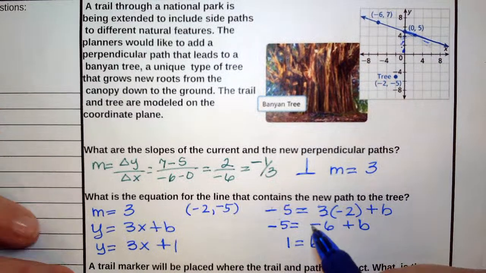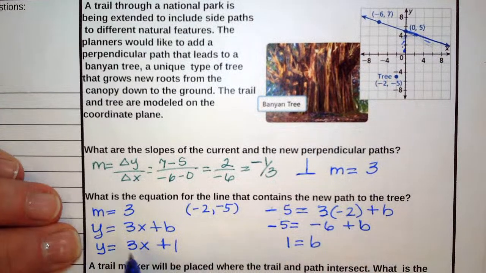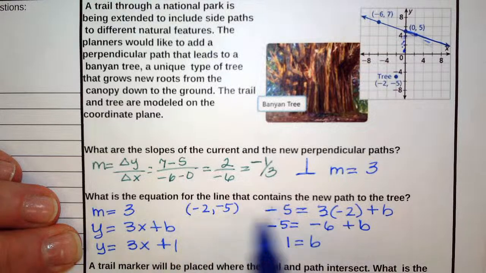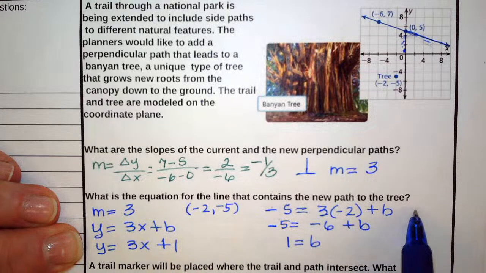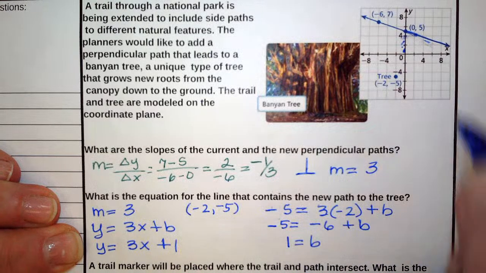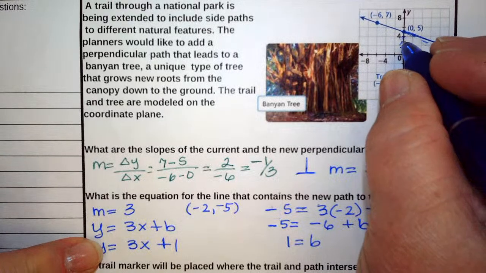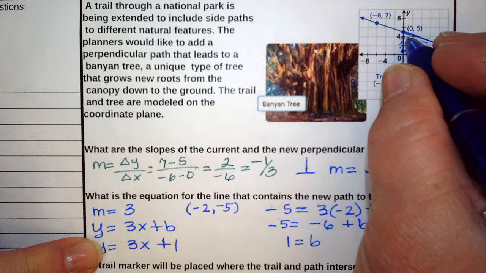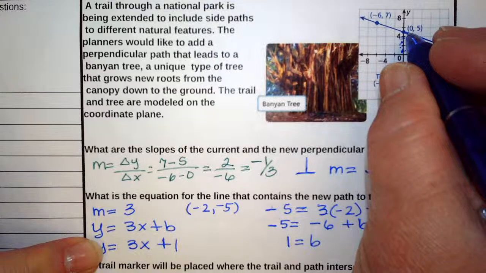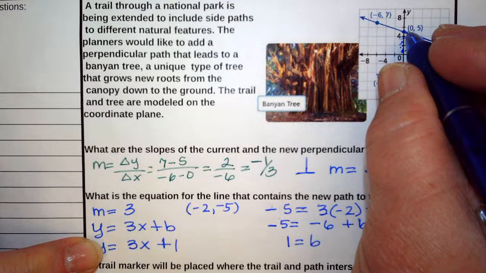So as I go, I'm going to start with the equation. I'm going to start at 1, and then I'm going to go up 1, 2, 3, right 1, then I'm going to go up 1, so that would be the point 1, 5.